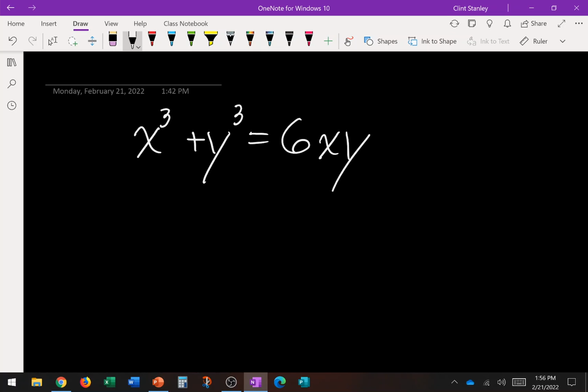You know how we have the quadratic formula where we can get the general solution to a quadratic equation, our exponent is 2. There are actually general solutions to cubic equations. They're really messy. Okay.